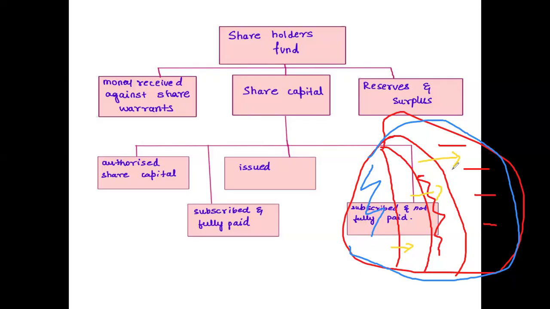Whereas subscribed capital is that capital where, suppose I issued 100, the people just purchased 50. So the amount of 50 is subscribed capital and the unpaid or non-subscribed is 50. This way, the share capital is divided into authorized, subscribed, issued, and unsubscribed or not paid.